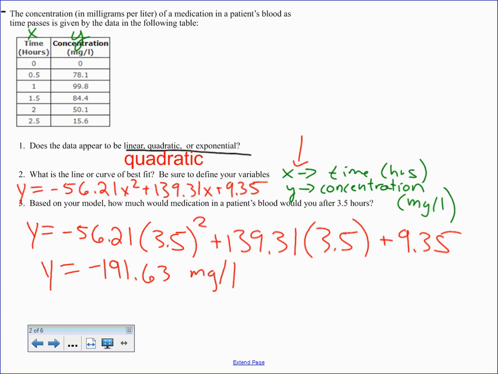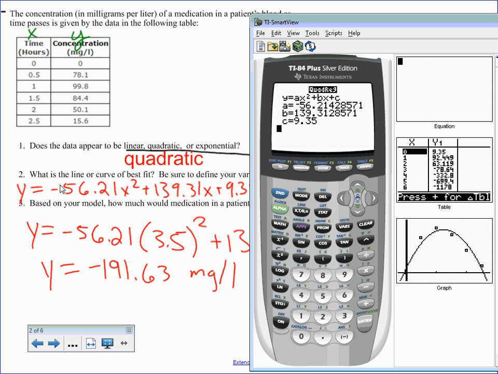But let's go back and talk about our model. The model is modeling how much medicine is in the patient's blood. And when we look at the graph here, what we notice is that right here, the concentration of medicine is 0. And it can't go negative. It's just going to stay 0 from then on. Our model breaks down at points past that.